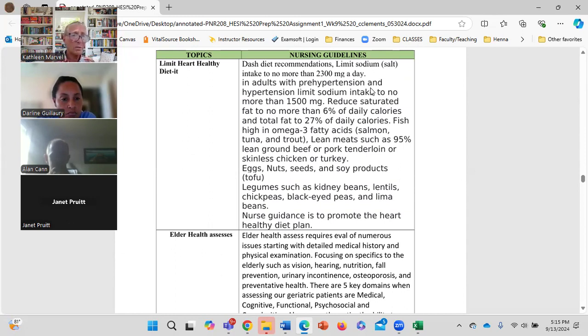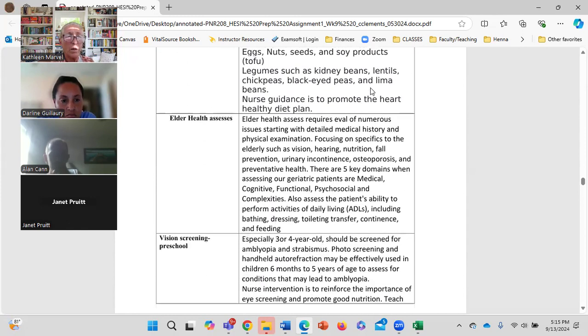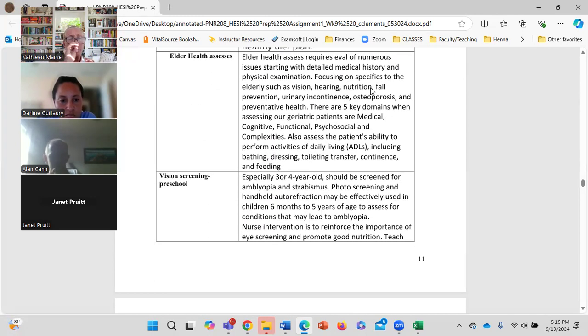What are the recommendations? What are the teaching bullets that you want to make sure you convey to the client? Elder health assessment. We did a whole concept on elders. If you're working with elders in the community, what kinds of things are you going to assess for?